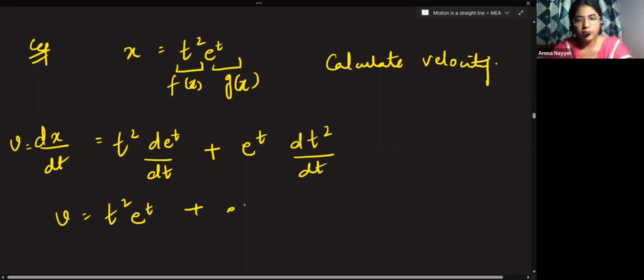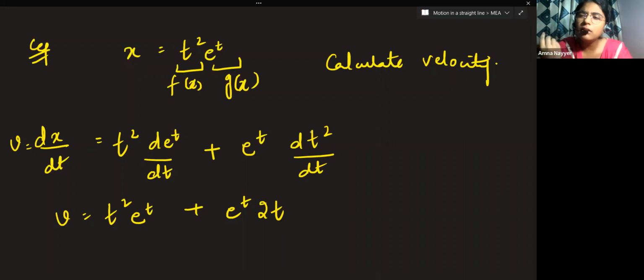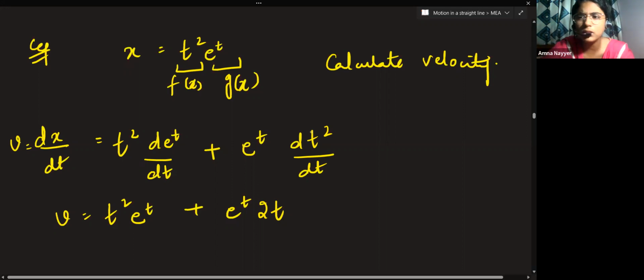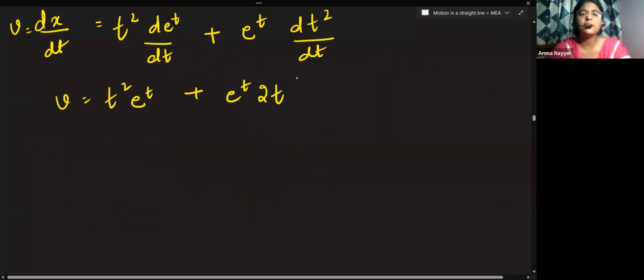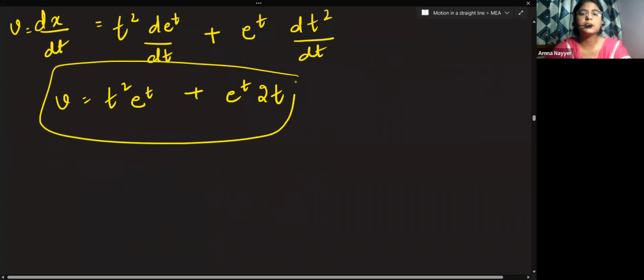Plus e to the power t is a constant here, and t square differentiates to 2t. These small things you should be able to do quickly, even orally, because they do not involve much calculation. This is the final answer that we get.